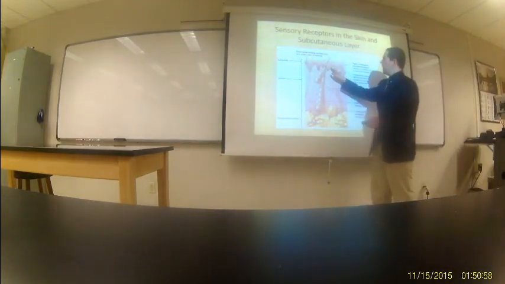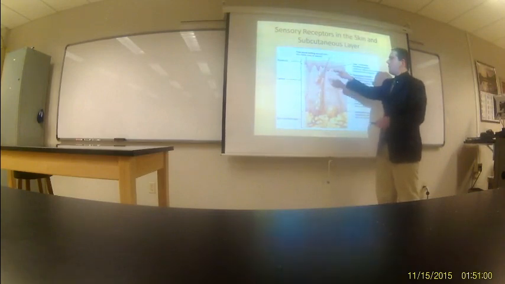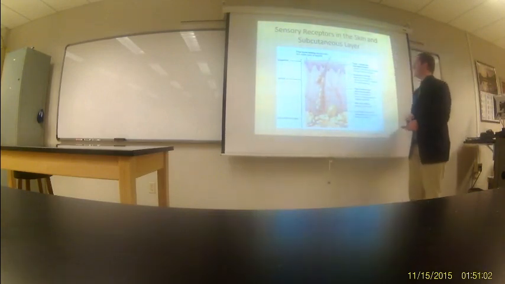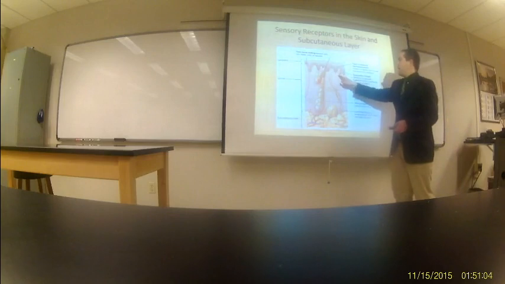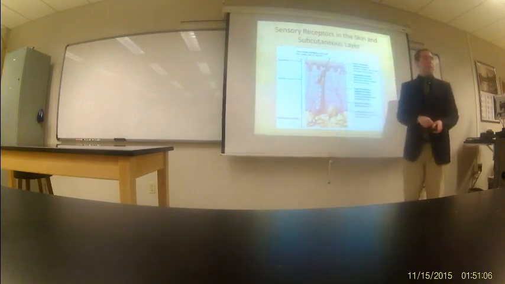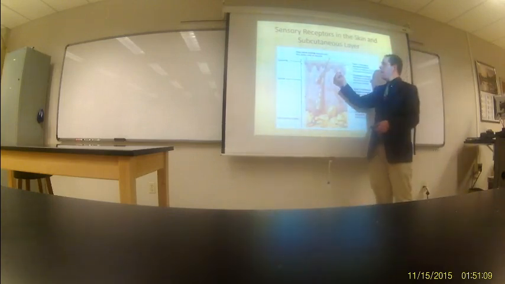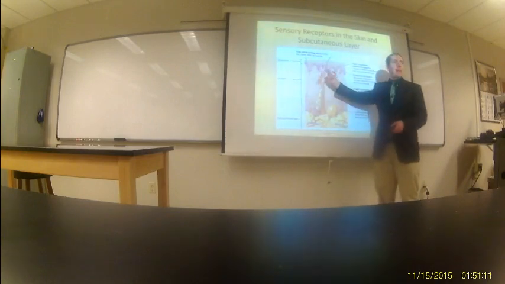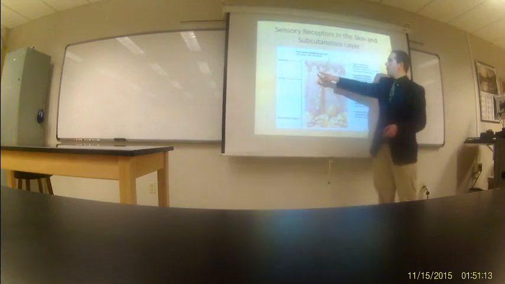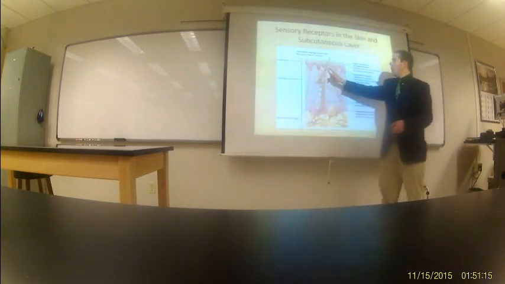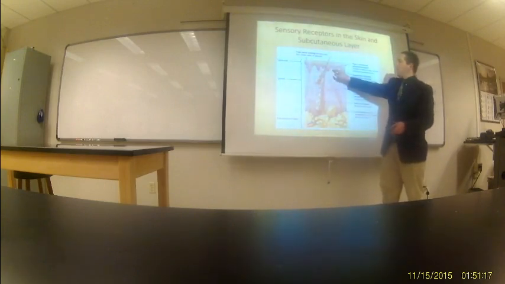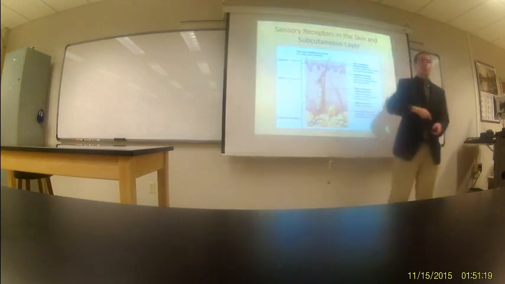Here we have an encapsulated nerve ending. And here we have a cell. But I hope you can at least see the big difference between that one and these. And then you might be able to see a little bit of difference between that one and that one. These have little bulbs on the end, whereas that one does not.